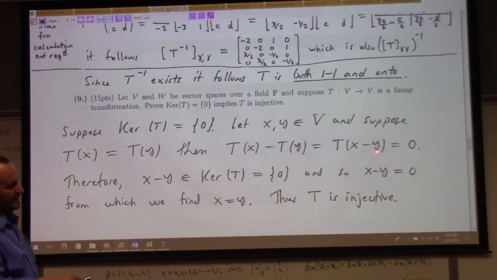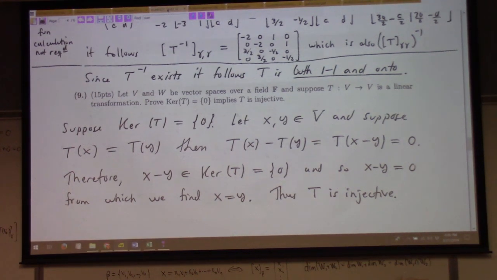That tells you that T of x minus y is equal to 0. That means that x minus y is in the kernel of T, but that's 0. So that means x minus y is equal to 0. So x equals y, which proves T is one-to-one. Sorry about that one.